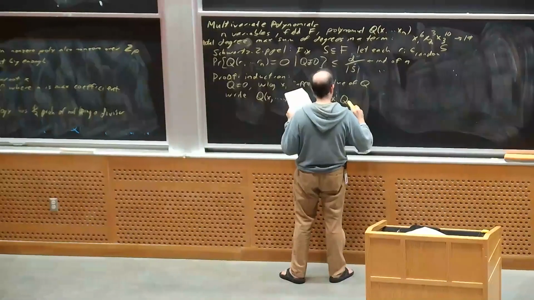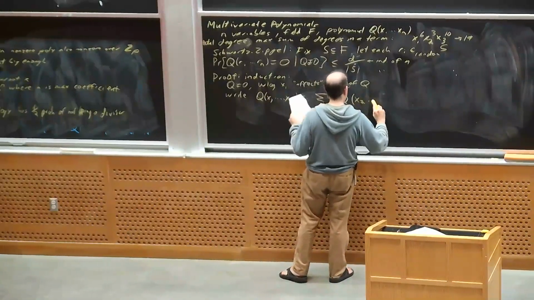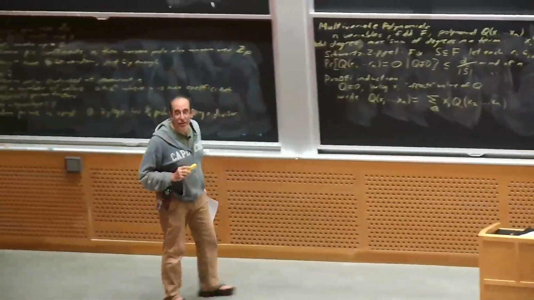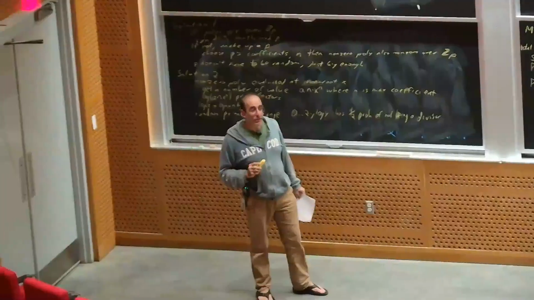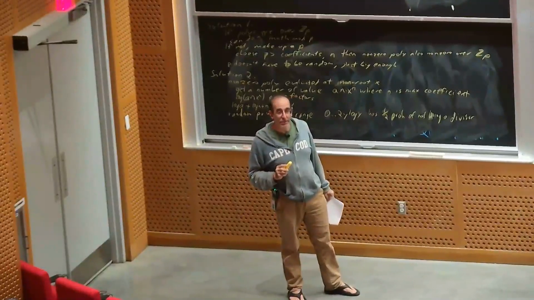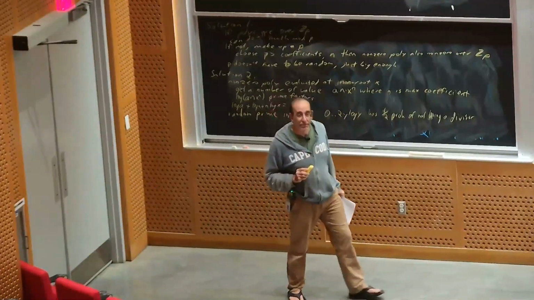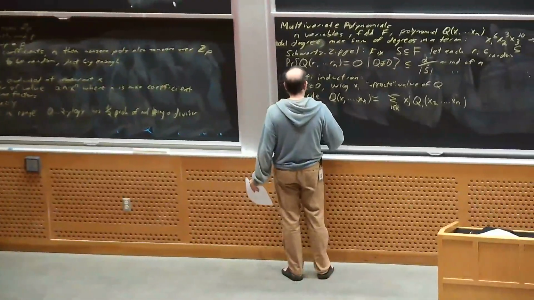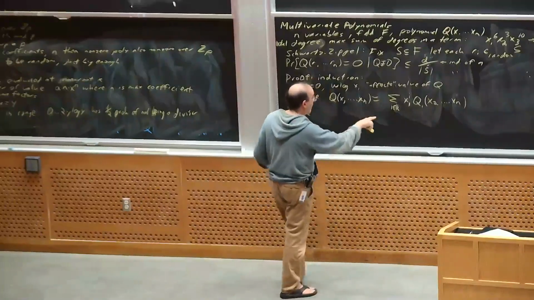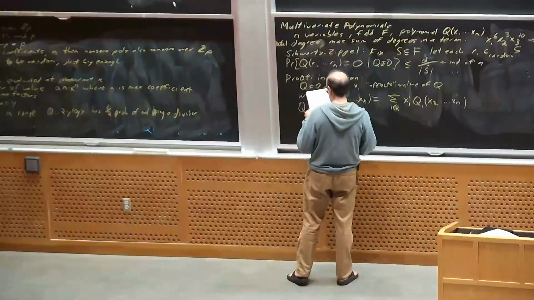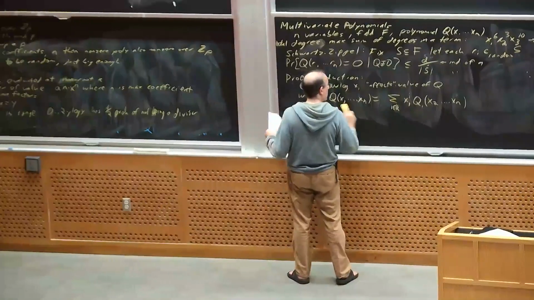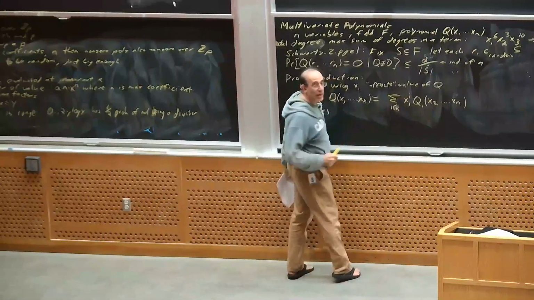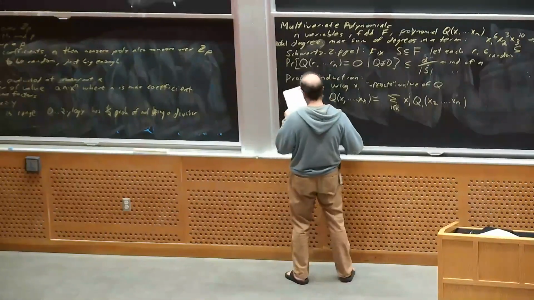And then for each of those i's, there's going to be some polynomial in the other variables that multiplies that term x1 to the i. Now qk, that's the first term here, right? k is the largest degree that x1 ever sees in this polynomial.